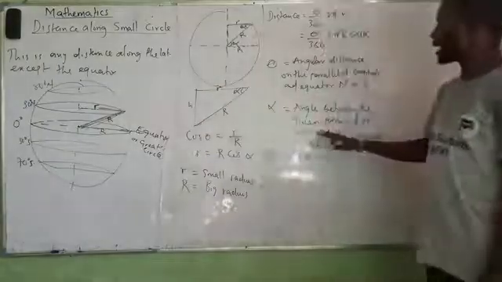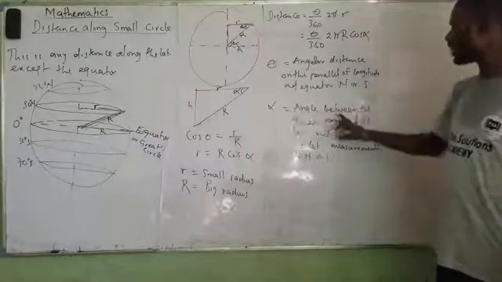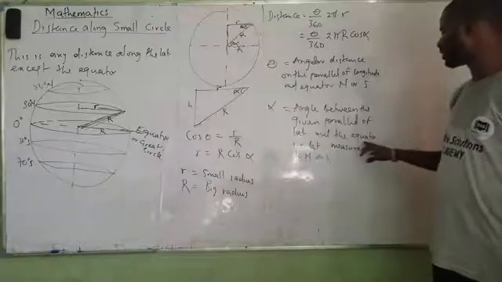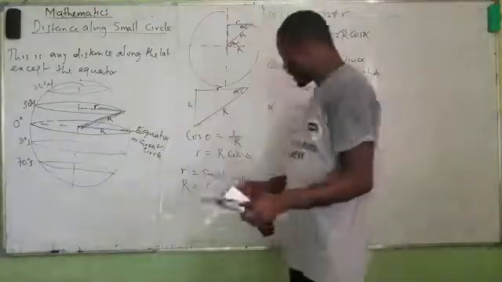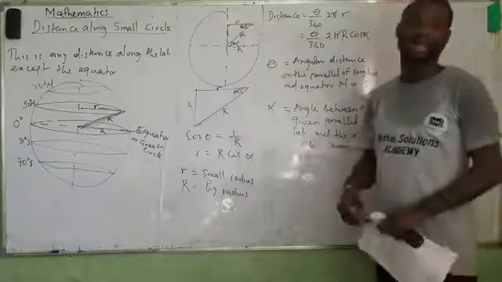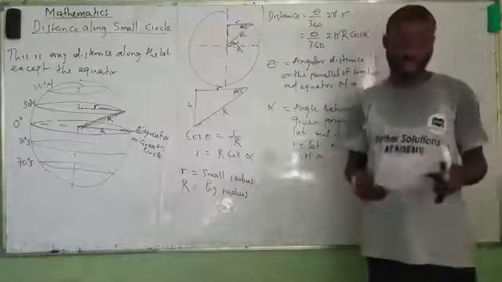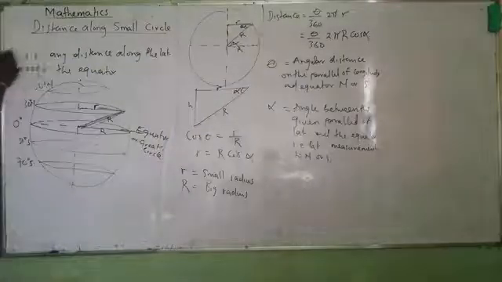Alpha is the angle between the given parallel of latitude and the equator. Theta and alpha can be anything; they can be beta or gamma. They are dummy variables. Now, I would love to solve one or two questions at this point for better understanding.